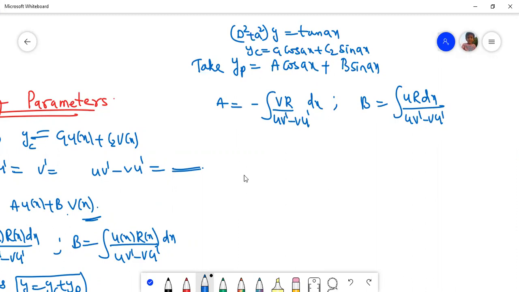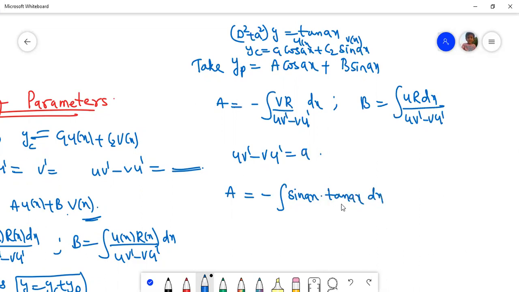Already we found that u v dash minus v u dash is equal to a only. Then a equal to minus integral, where u of x is cos ax, v of x is sin ax, and r of x is tan ax, tan ax dx whole by a.